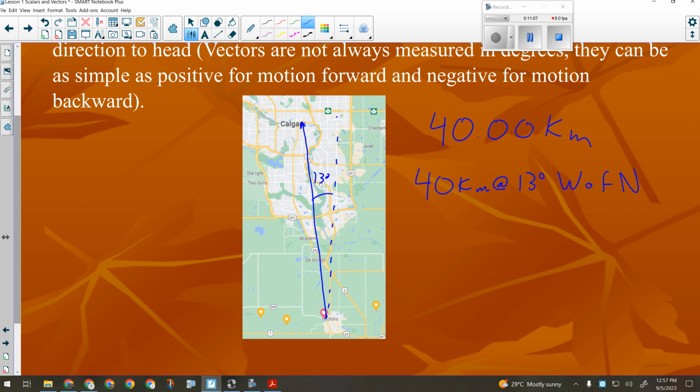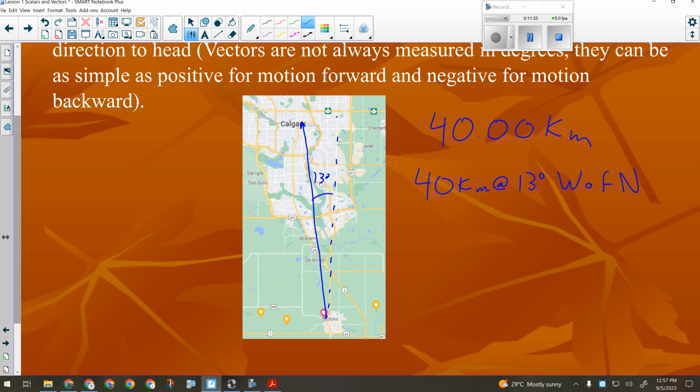Those are the two numbers we were talking about just a minute ago. Which one of those is more accurate? 40.00 or 40? 40.00. Accuracy is about how you measure it, not about what you measure.